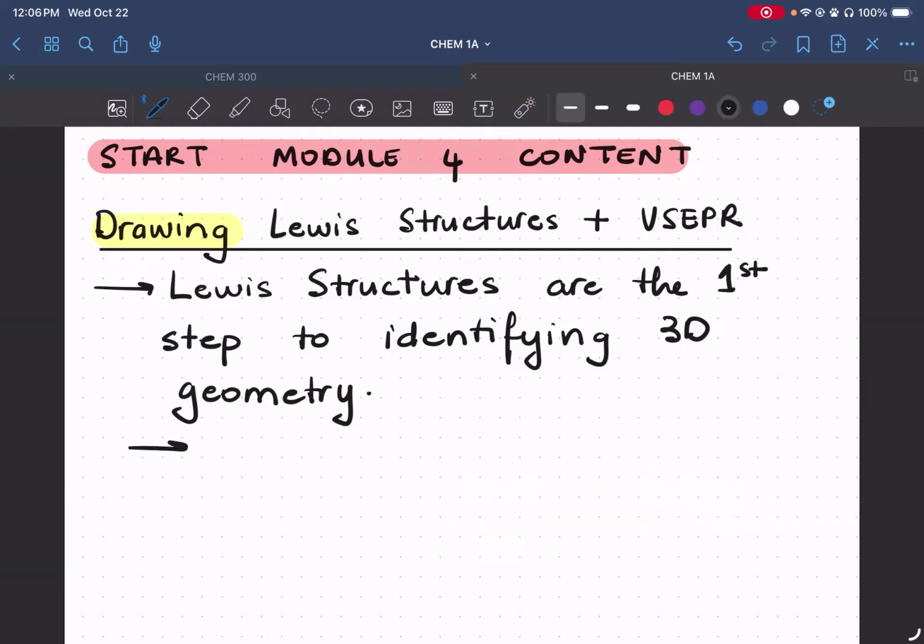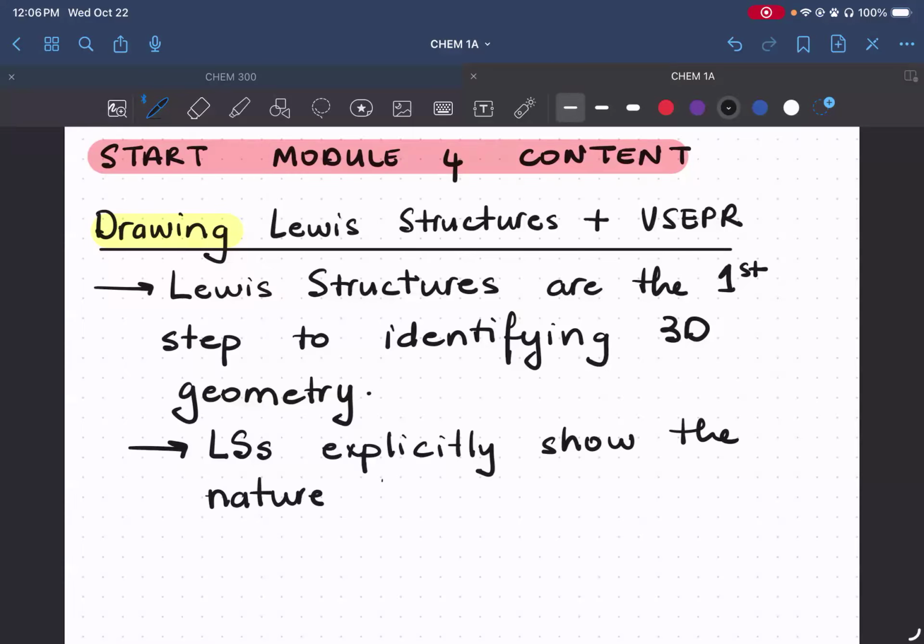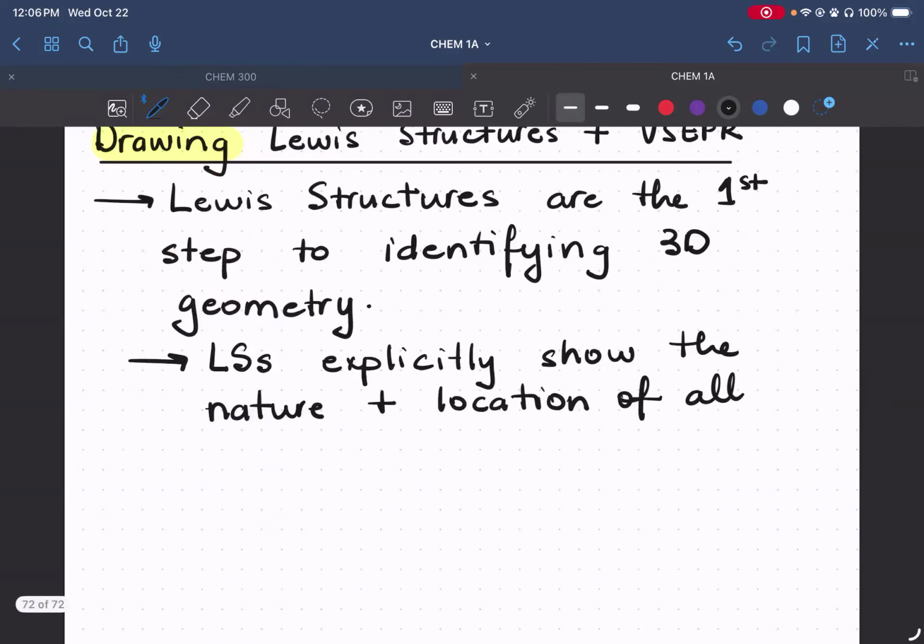What Lewis structures, here abbreviated as LS, do to help us identify 3D geometry is that they explicitly show the nature and location of all valence electrons.